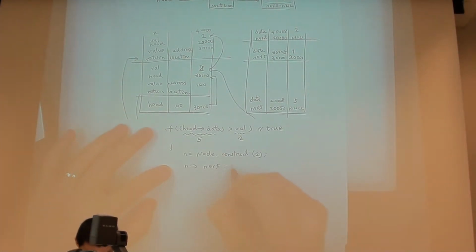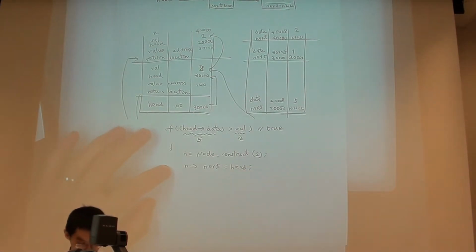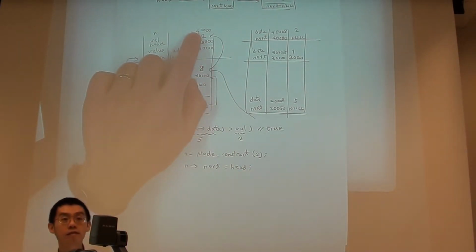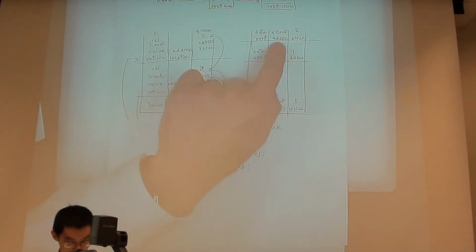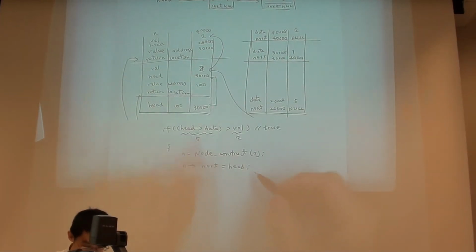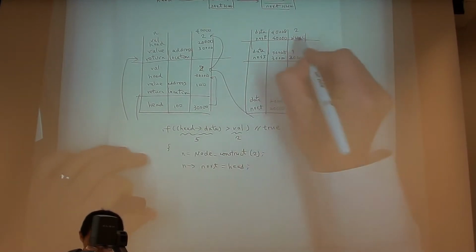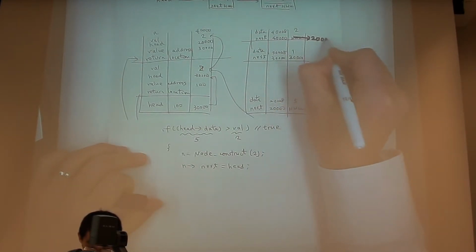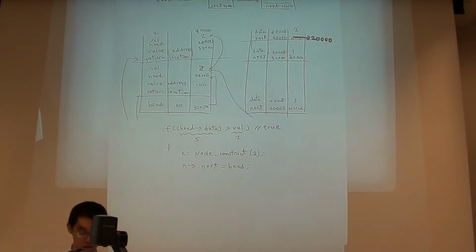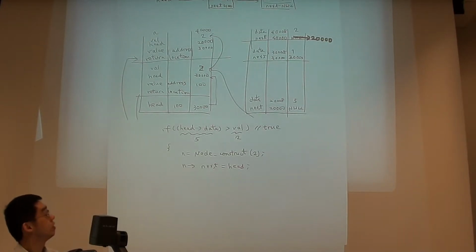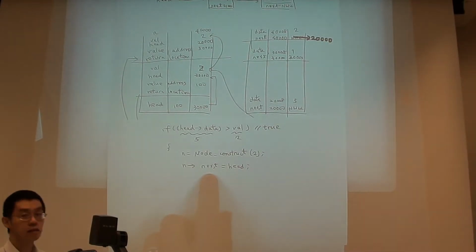So N's next equal to head. N is 40,000. N's next comes here. N's next is equal to head. Head is 20,000. Therefore, I change this to 20,000. That's what this guy does.